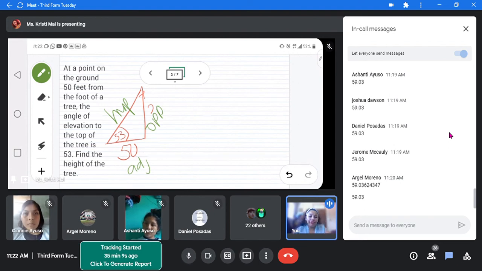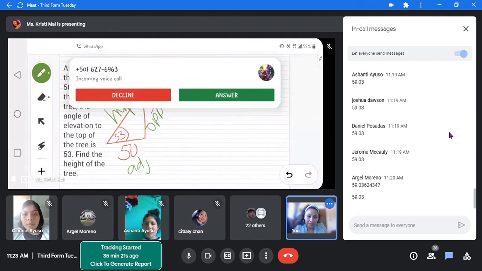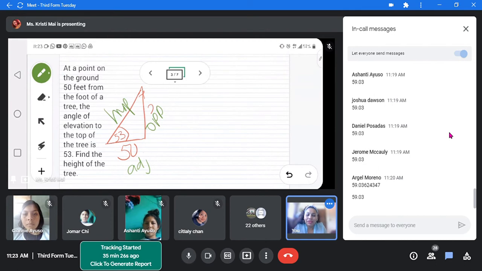So which formula am I going to use? Cosine. I'll repeat again. They give me the adjacent, but I'm looking for the opposite. Sin, miss, sin. Which formula has opposite and adjacent? Tangent. Tangent. Very good, Jamar.